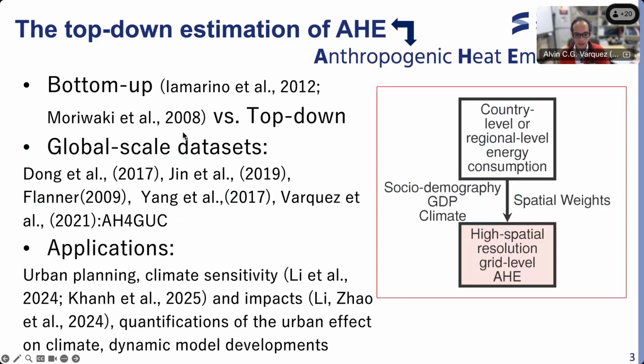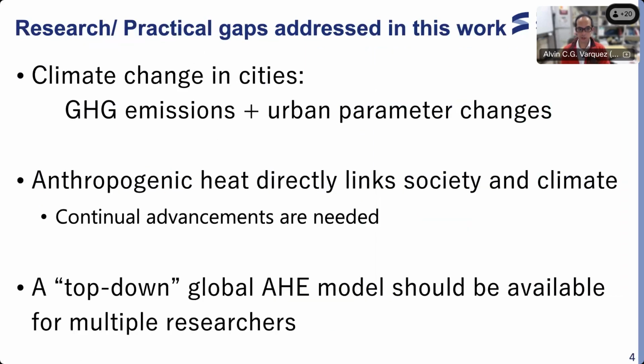Many of these applications are related to urban planning. More commonly, we feed them into regional climate models or even GCMs. Through this, we can evaluate, given this amount of anthropogenic heat emission, how sensitive the climate is to that. That's also an interesting area of research.